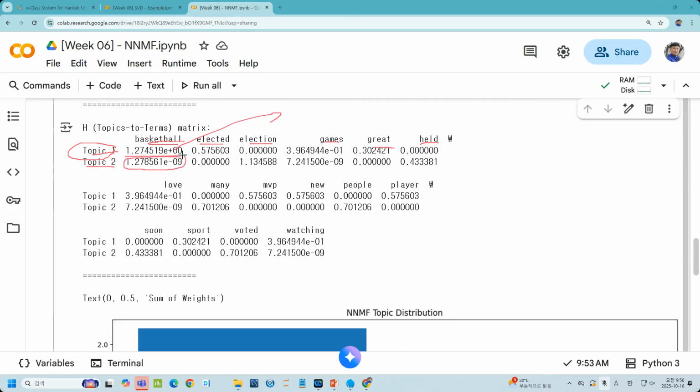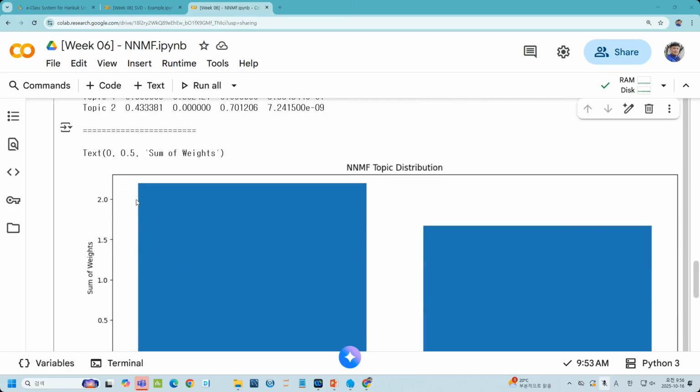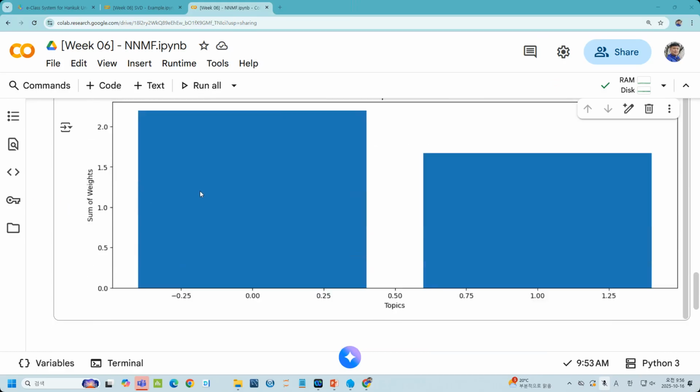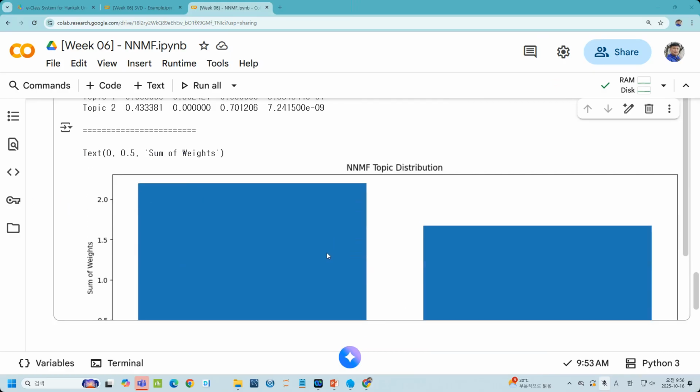But this number is 1.27 multiplied by 10 to the power of minus 9, so it is 1.27 divided by 10 to the power of 9. It is very small. Then the basketball keyword is more on topic 1 compared to topic 2. And the remaining is also the same. You can see the result, and we can see the topic distribution like this.